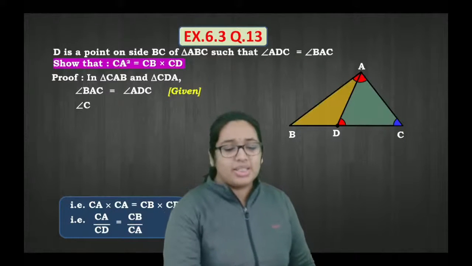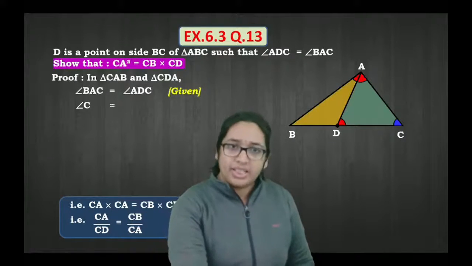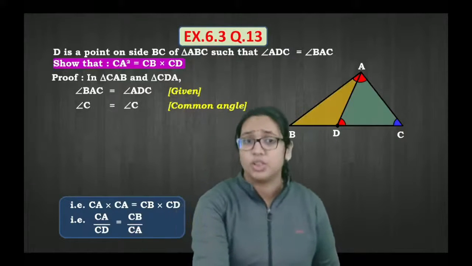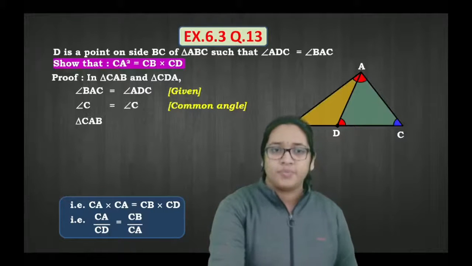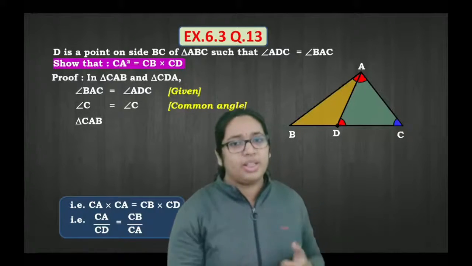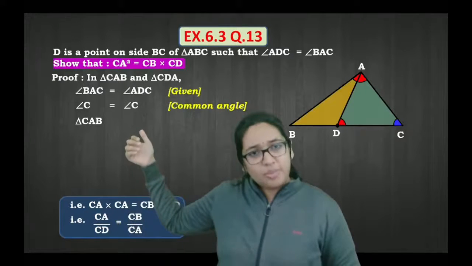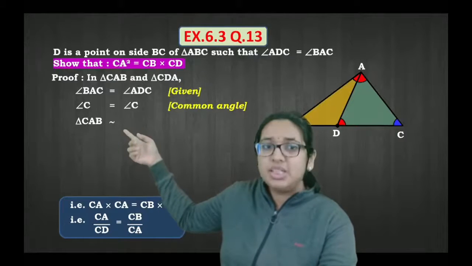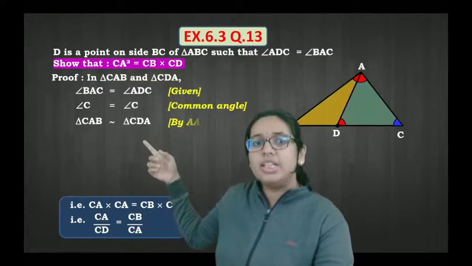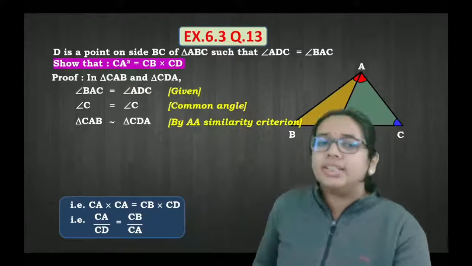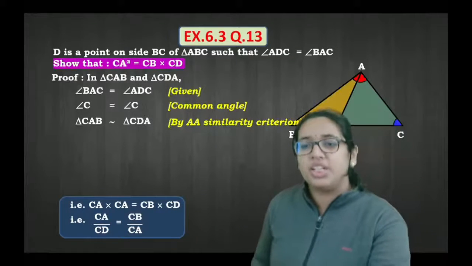So I can say that angle C is same as angle C because this is the common angle, right? So first वाला तो एंगल आपको मिल रहा है, सेकंड वाला भी आपको इक्वल मिला. So I can say that triangle CAB is similar to triangle CDA by angle similarity criteria.